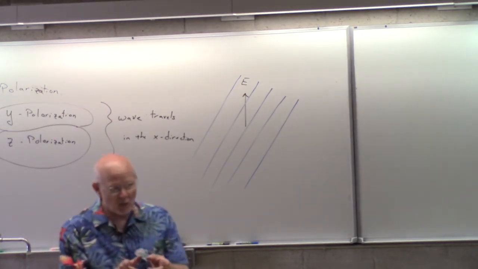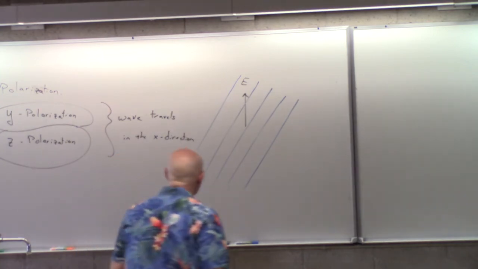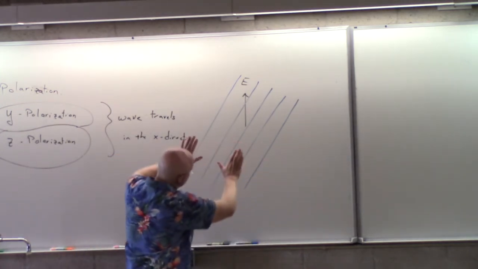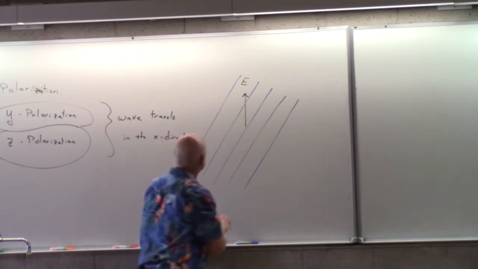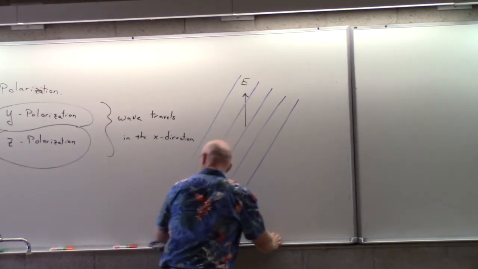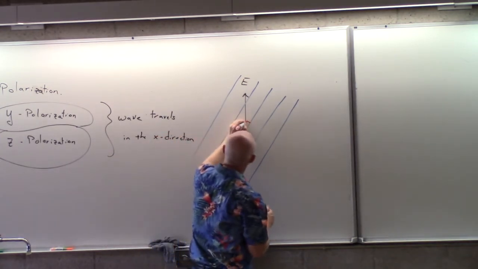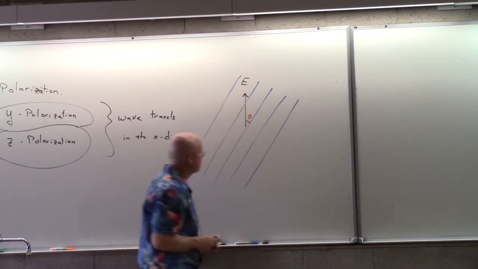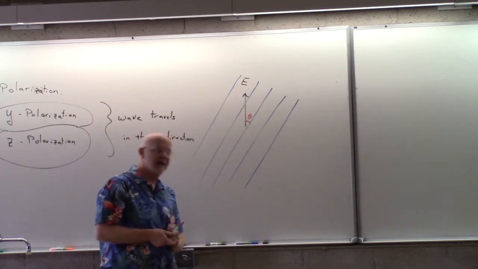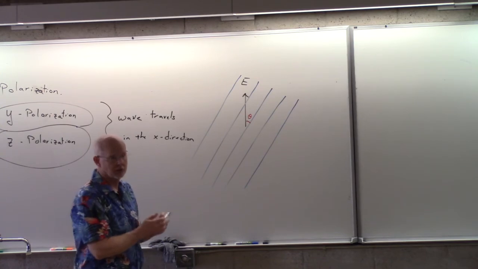It's the second one that's kind of interesting, because if I set it at a small angle, and so let's call this angle theta, and now we're going to have to go back to our vectors.